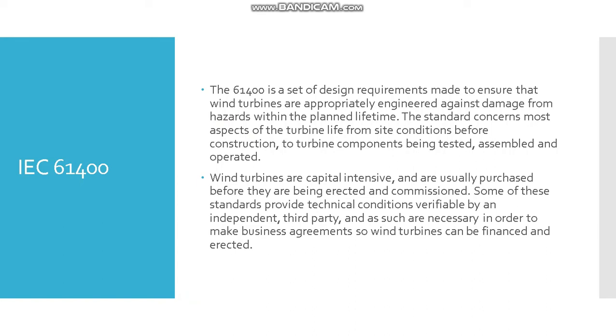Wind turbines are capital intensive and are usually purchased before they are erected and commissioned. Some of these standards provide technical conditions verified by an independent third party and as such are necessary in order to make business agreements so wind turbines can be financed and erected.